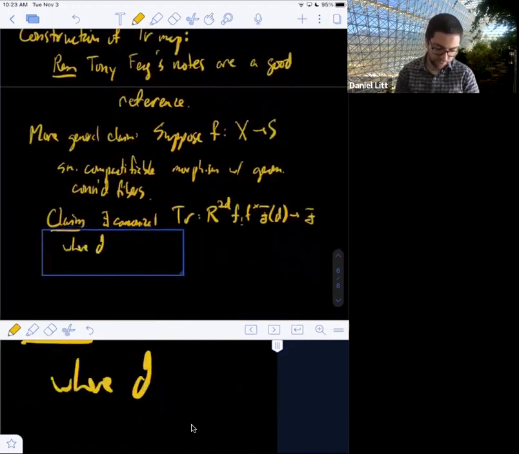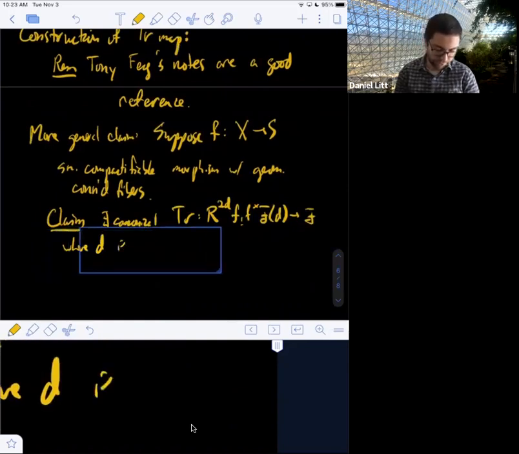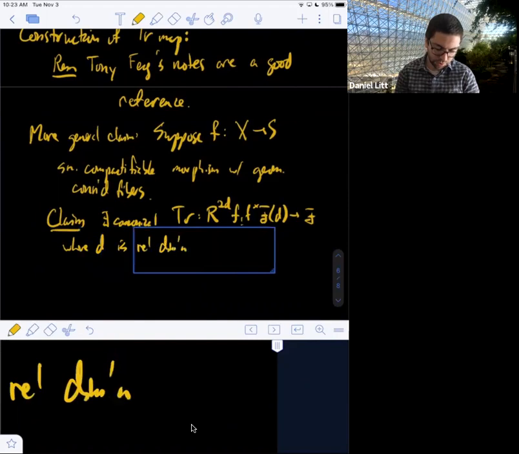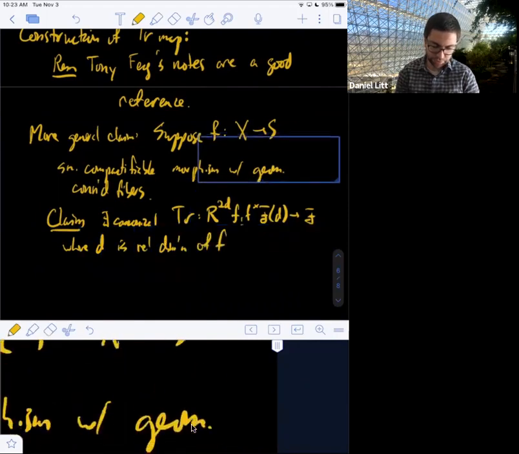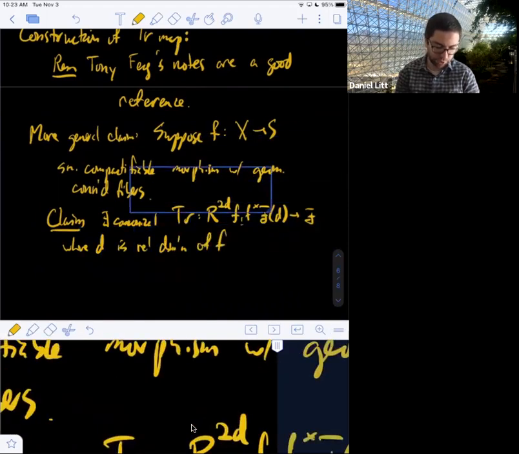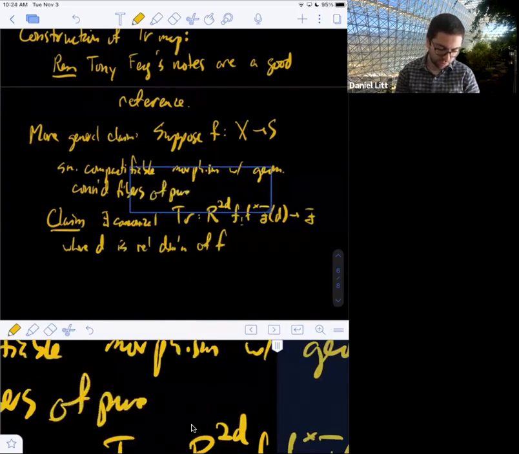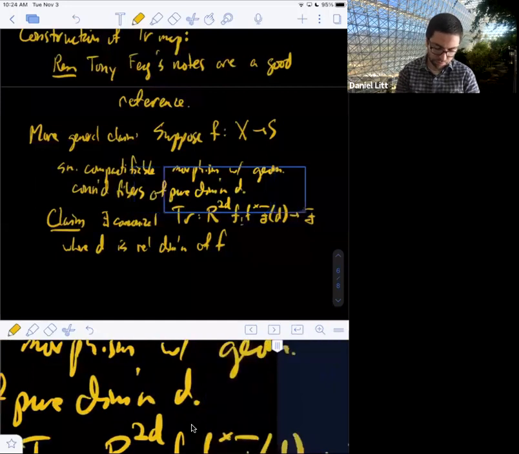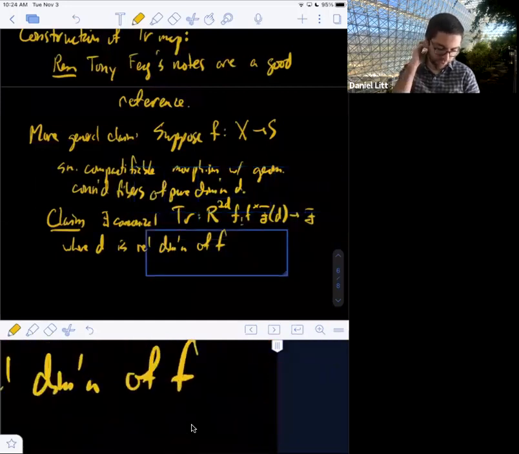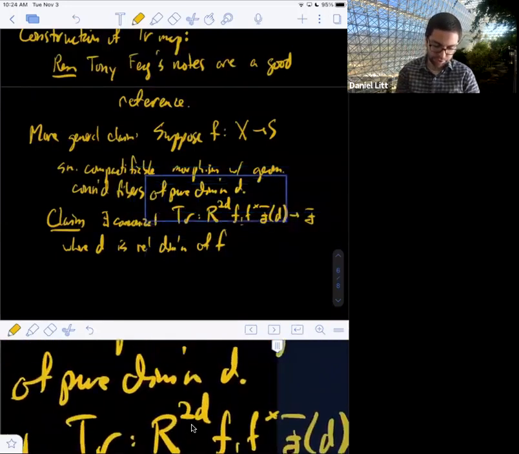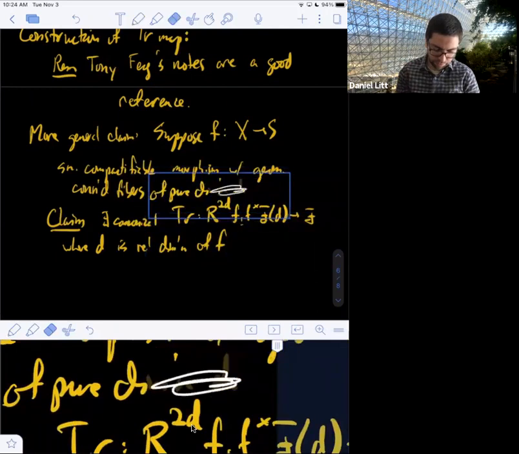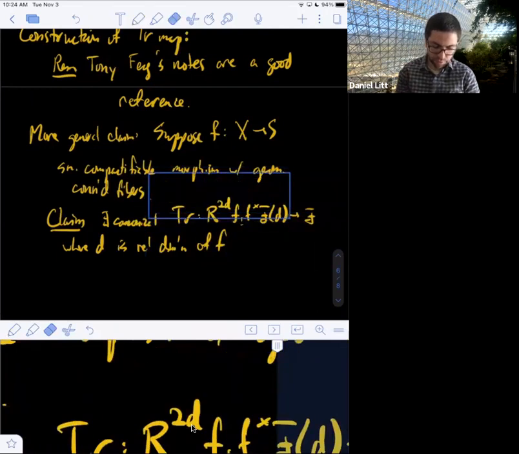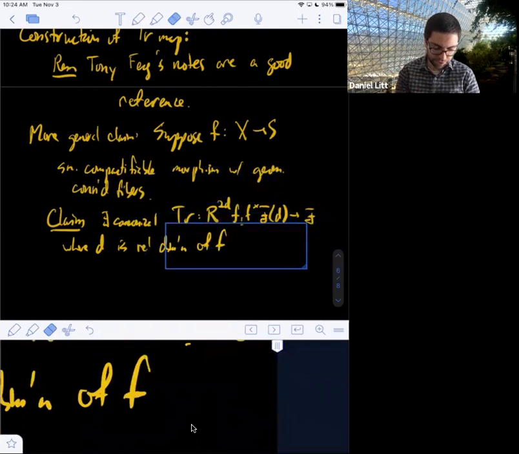Here d is the relative dimension of f. I should have assumed that f has pure dimension d, but since I said geometrically connected fibers and smooth, I guess it's actually okay. So d is the relative dimension of f here.